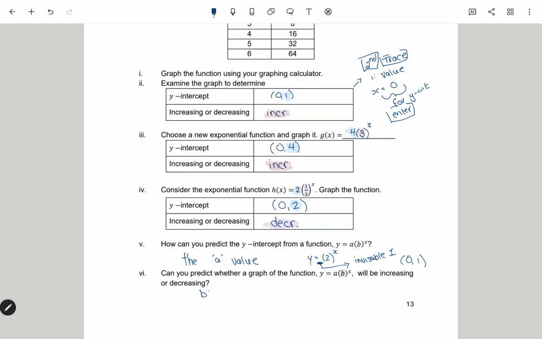If b is greater than 1, we are increasing. But if b is between 0 and 1, meaning we have a proper fraction, or a decimal that starts with 0, then we are decreasing. So look at the a value to find the y-intercept and the b value to determine increasing or decreasing.